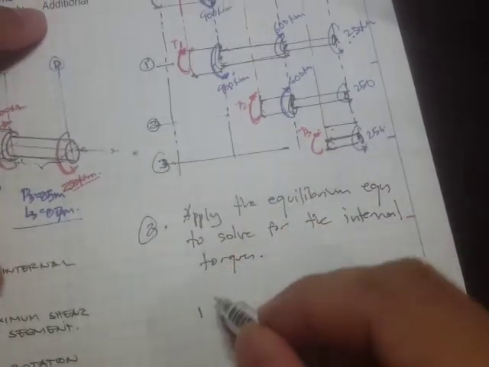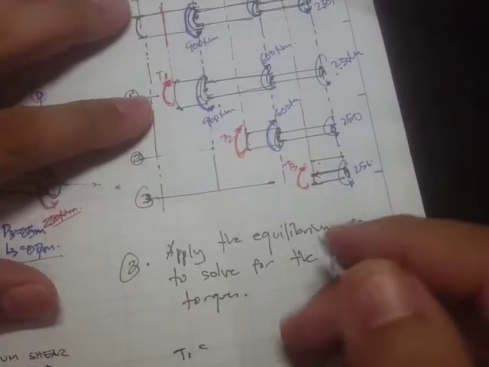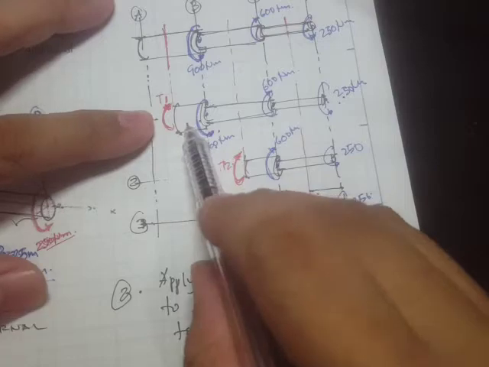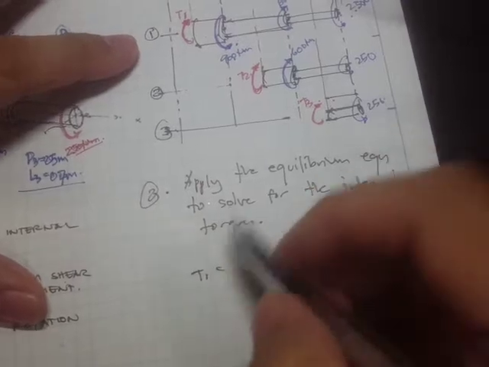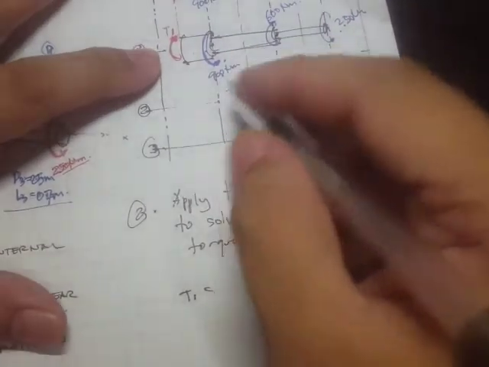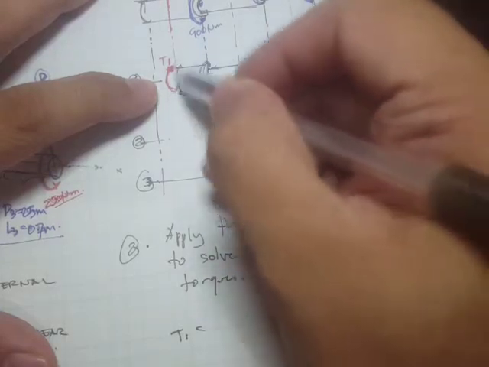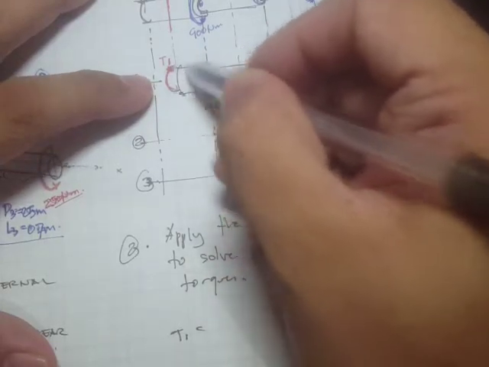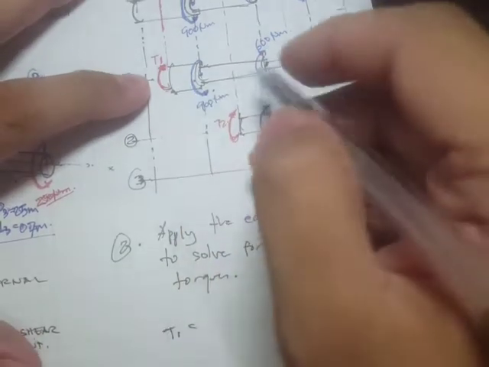So T1, if we apply this, T1 is equal to, okay, so this is on the left hand side, so all the clockwise rotation, let's say that's positive.